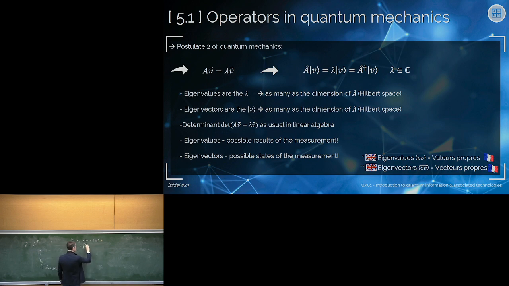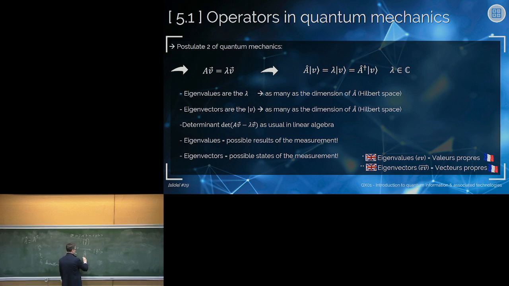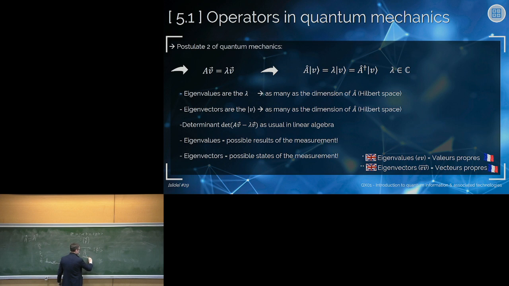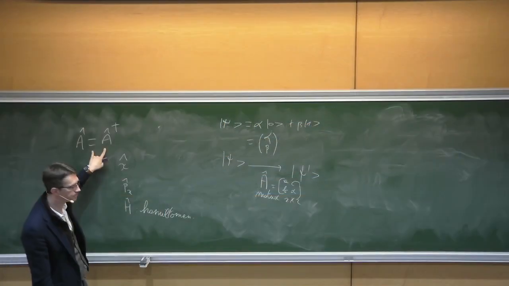And we said it's a column vector, which means that if I want to go from one qubit to another one, I can do an operation on it, a transformation, and this transformation would be using a matrix. So in this case, it is a 2 by 2 matrix. So it has to be something like this, A, B, C, D, with the particular property that it has to be equal to A dagger.